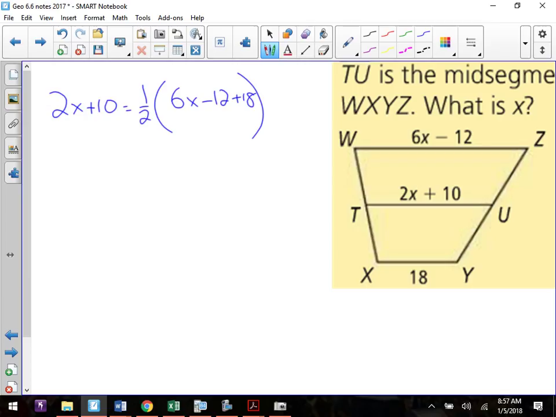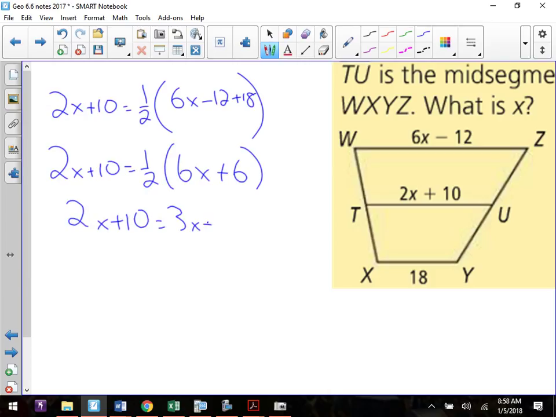And you'll notice again, it works out real clean because the stuff in the parentheses are both even. And let's see, so you get half of 6x and half of 6, so 2x and 10 is 3x and 3. Move the 2x, move the 3. Pretty fast.